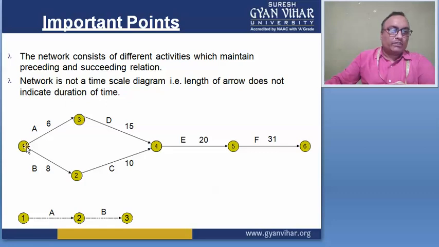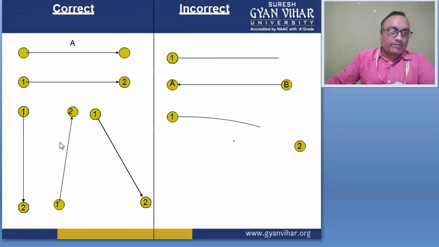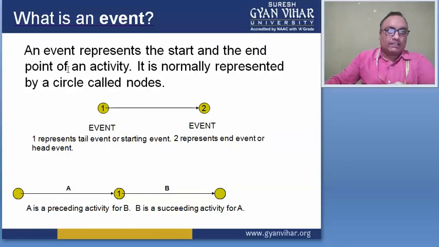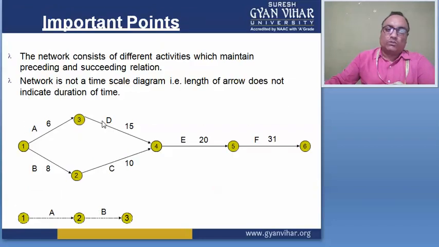Suppose this is one event, because an event is always represented by a circle, normally called a node.